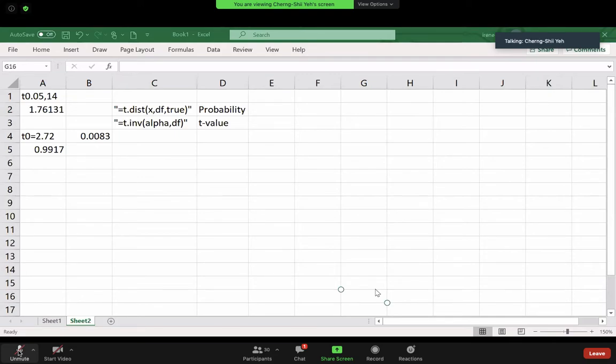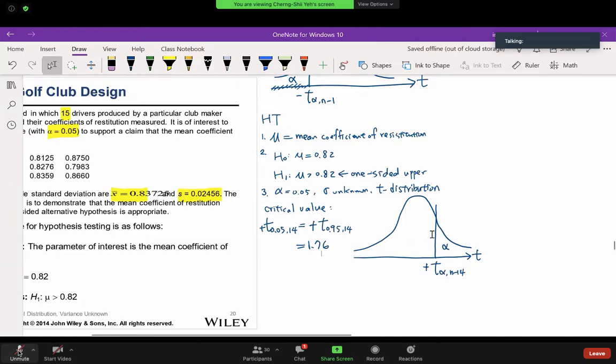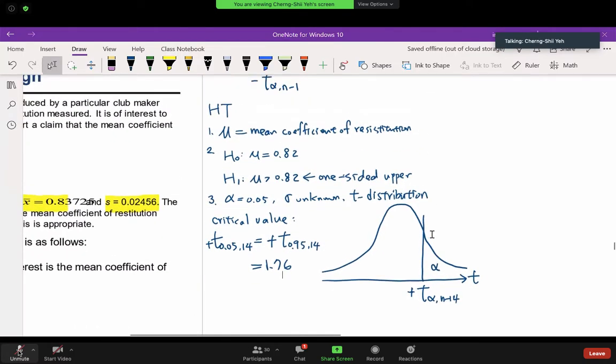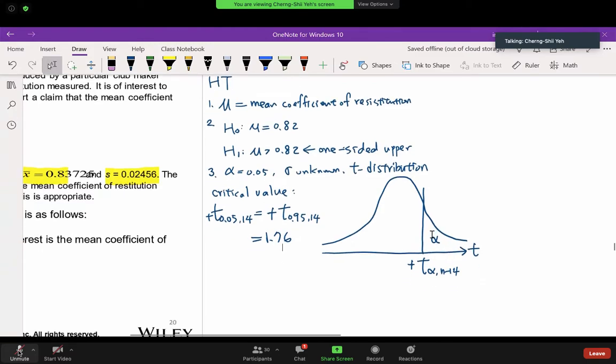All right, let's go back to here. I just wrote down the critical value based on our calculation. This value is 1.76. I'm going to replace that with positive 1.76.